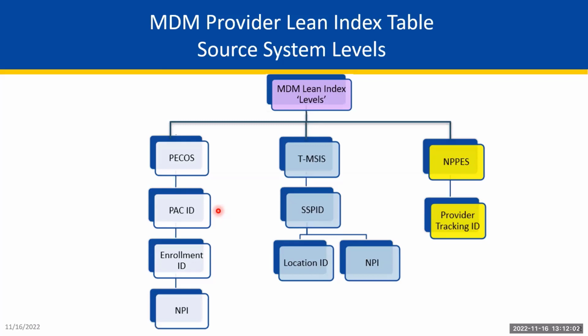Address, legacy, or license information is stored at the enrollment ID level. Similarly, in DMS, which is our Medicaid data, some information is stored at the SSP ID level and location ID level. And in NPES, we have a tracking ID level. So while working with the data sets of MDM comprehensive PMI, we always encourage users to understand this level of complexity so that it is easy to write the queries and get accurate information.